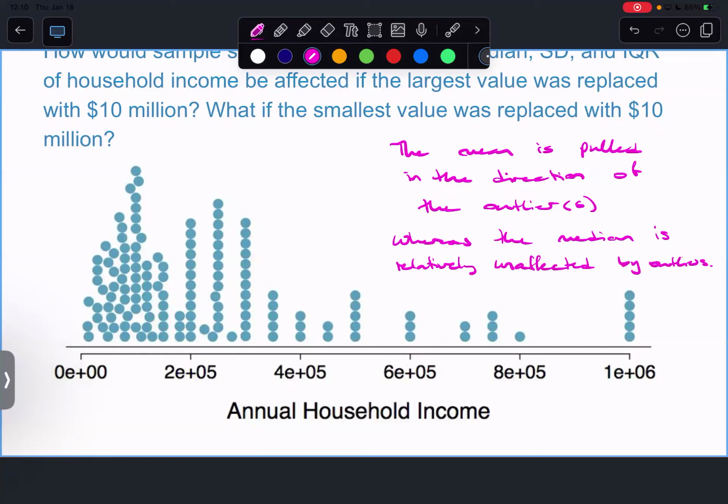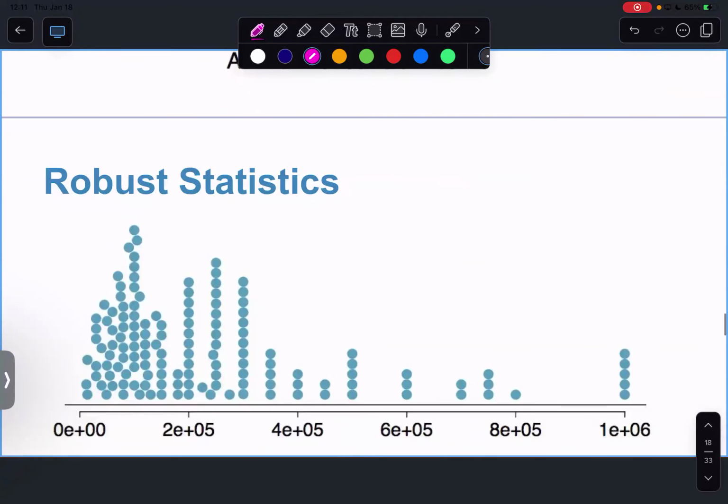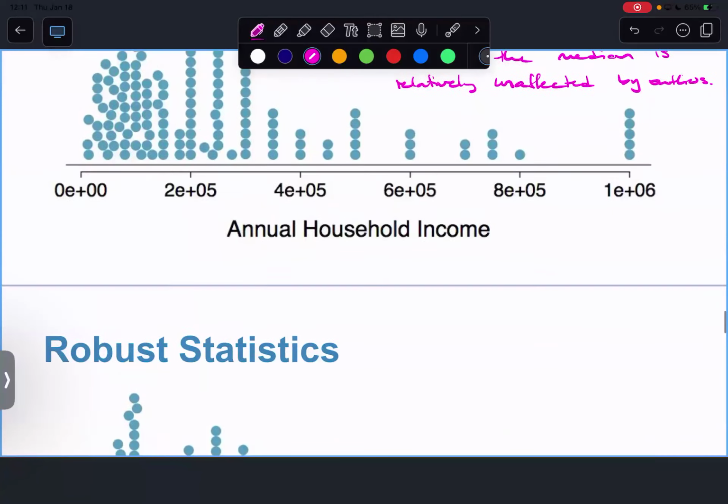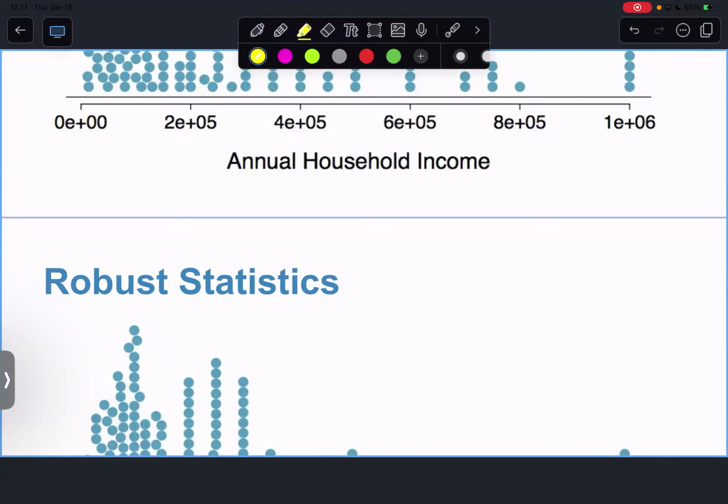And so that's the reason why we use the mean for symmetric data, right? But we have to use the median for skewed data, right? And so here, we call those statistics robust.